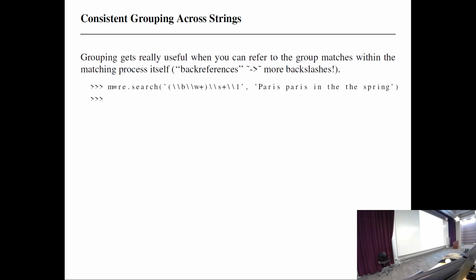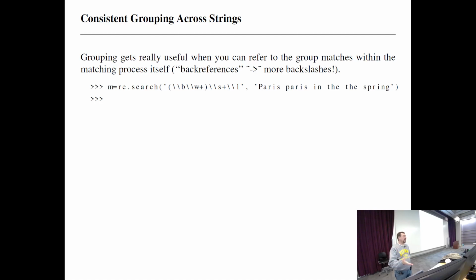So the first grouping, this first parentheses here, is going to be a bunch of word characters, followed by a bunch of spaces, followed by the same characters. Whatever matched here has to be the same there. Does anybody know what this matches? Anybody want to guess? So it's going to look like two words that are the same separated by one or more spaces.